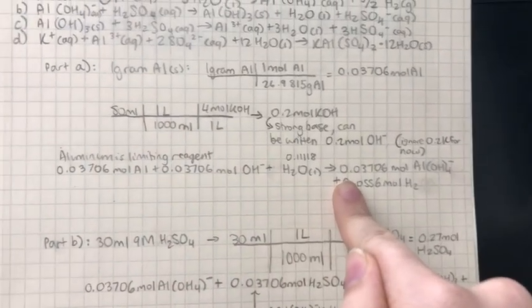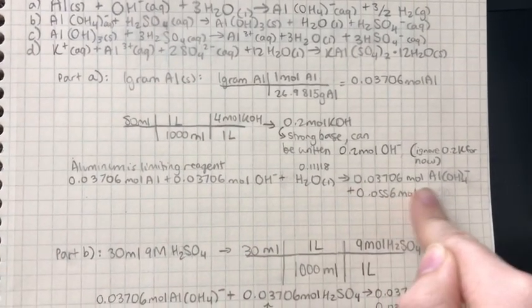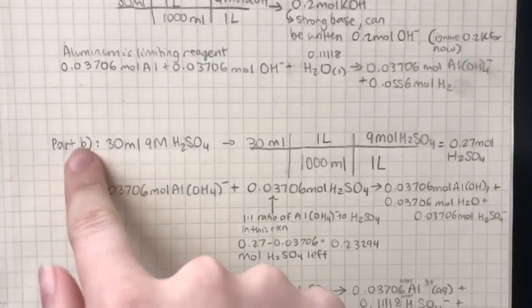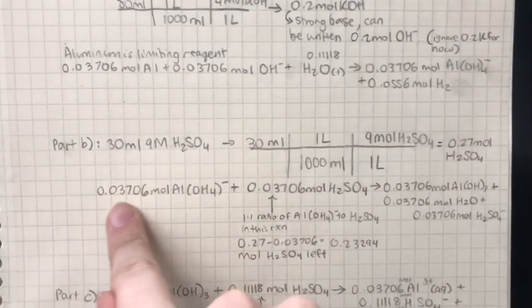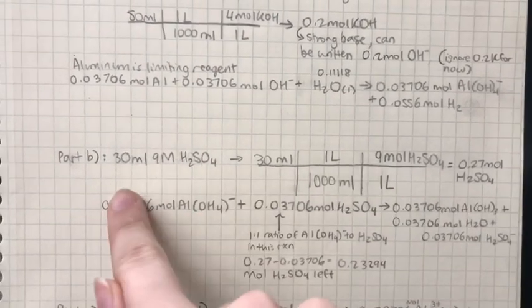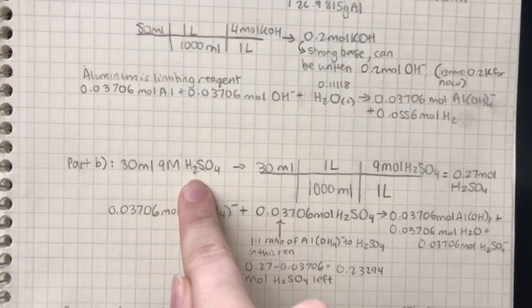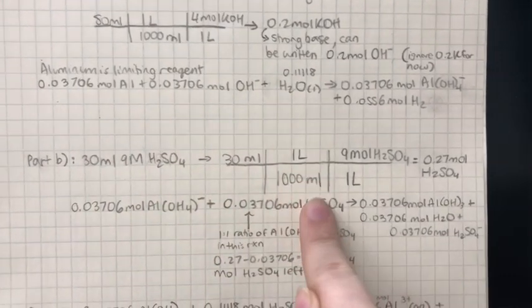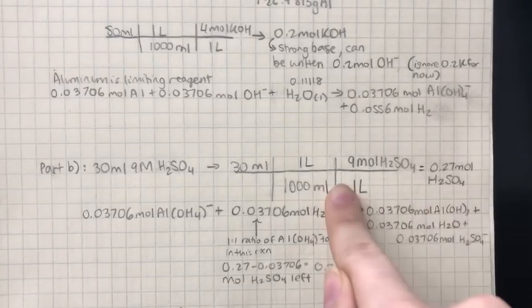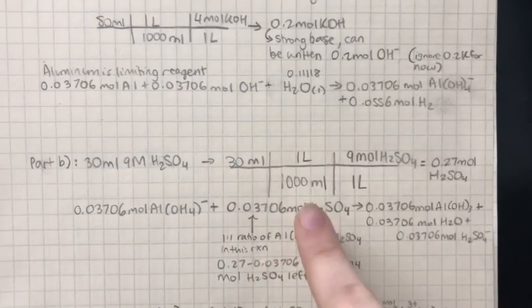To get 0.03706 moles of AlOH4 minus. Then, part B involves the reaction of this amount of AlOH4 minus with 30 milliliters of 9 molar sulfuric acid. Here, we can calculate how many moles of sulfuric acid are inside of this amount of solution.